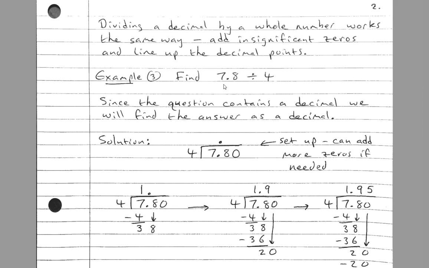So example 3: find 7.8 divided by 4. It doesn't tell us how to write the answer, but since the question contains a decimal, we'll write the answer as a decimal. That's usually how it works.